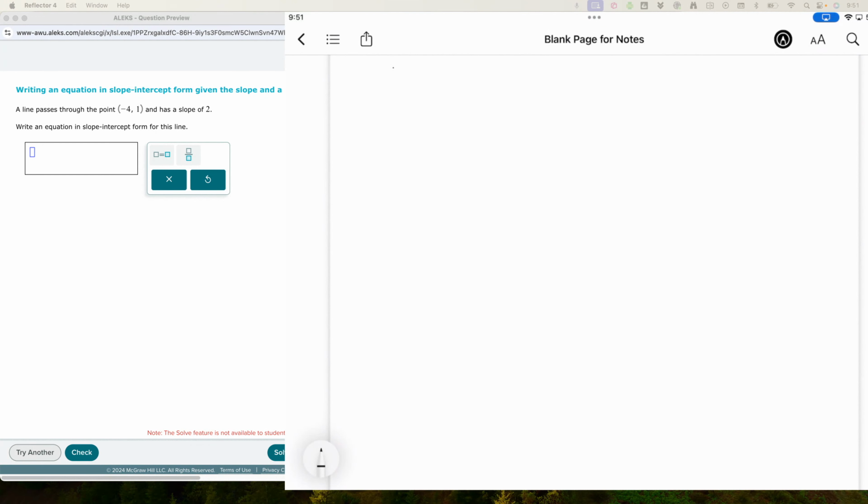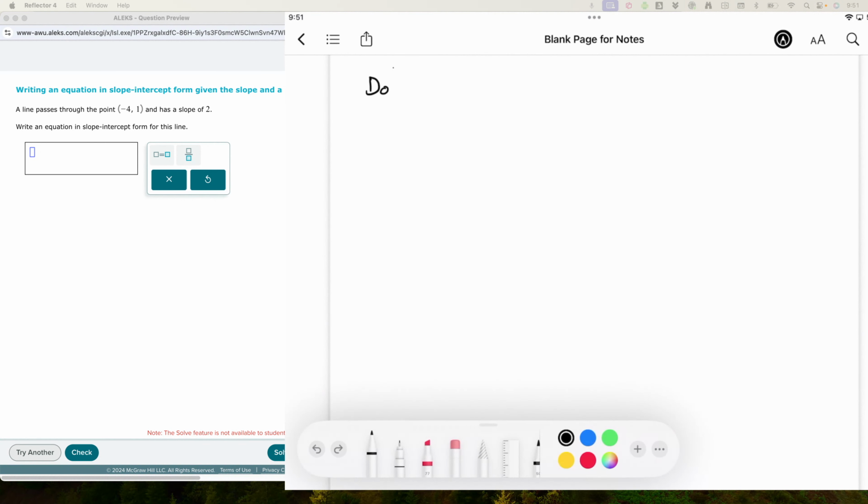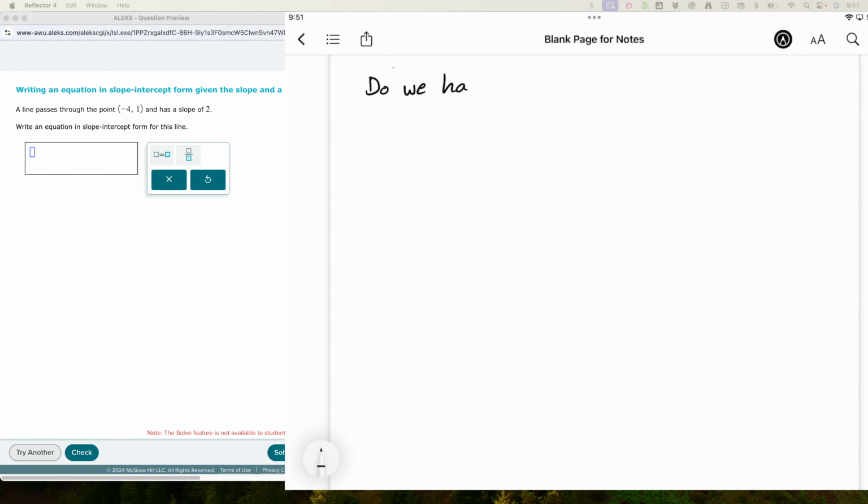So the first thing to remember anytime we are asked to graph a line, or write an equation for a line, the question we want to ask ourselves is, do we have the y-intercept?